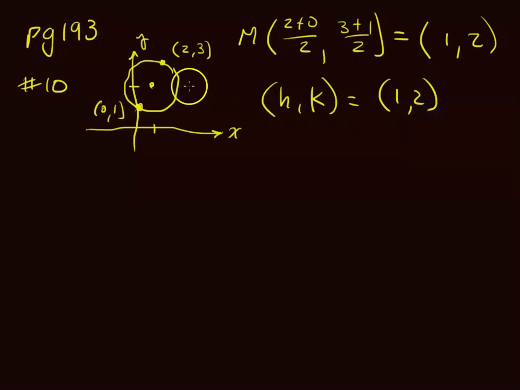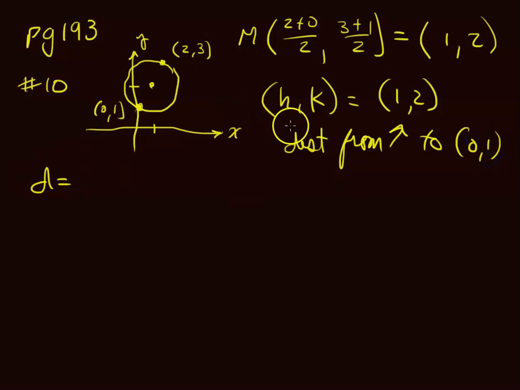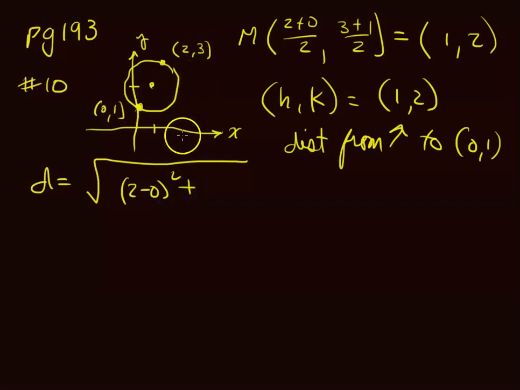How do you find the radius? Well, you want the distance from the center to one of these points. Let's use this point 0, 1. So we want the distance from 1, 2 to 0, 1. Distance. So x sub 2, 2 minus 0 squared, plus y sub 2, 3 minus 1 squared.